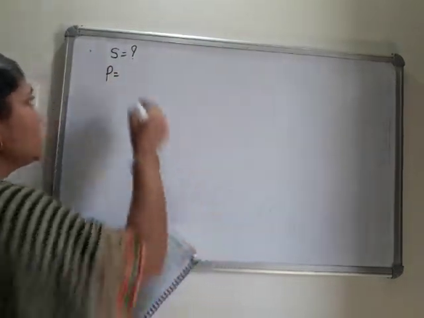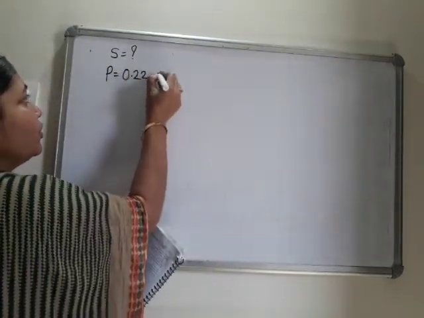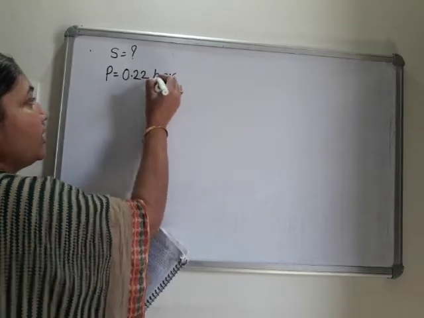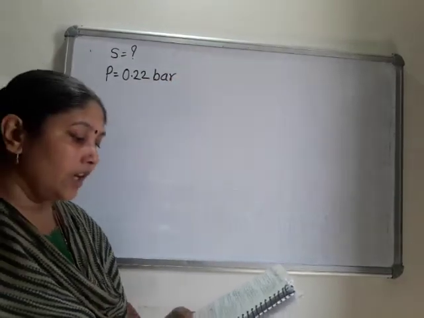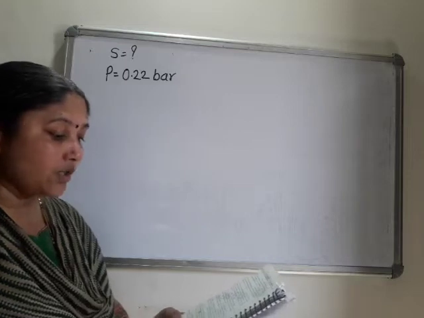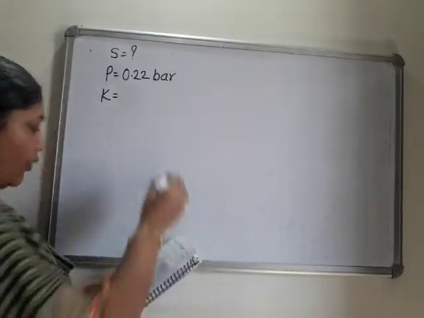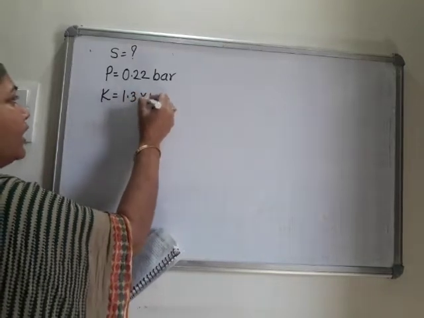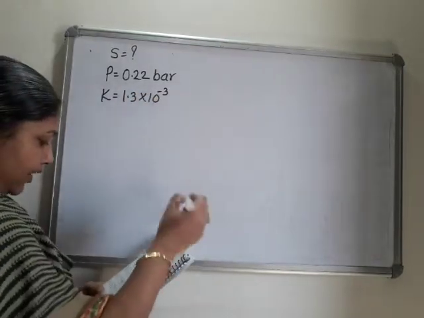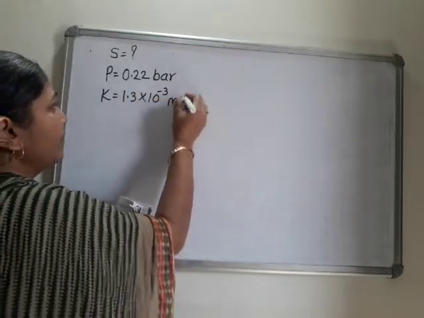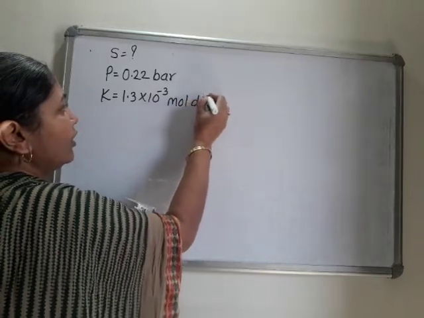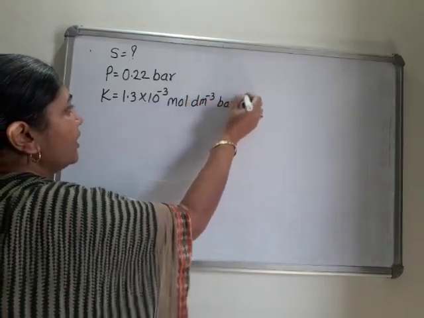What is it? 0.22 bar. Then Henry's law constant is given, K. So what is its value? 1.3 into 10 raised to minus 3 mole per dm cube per bar.